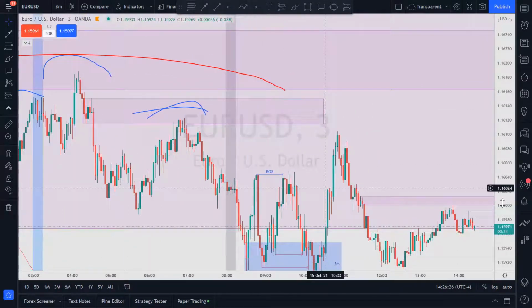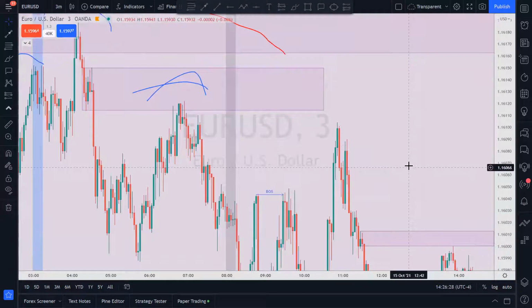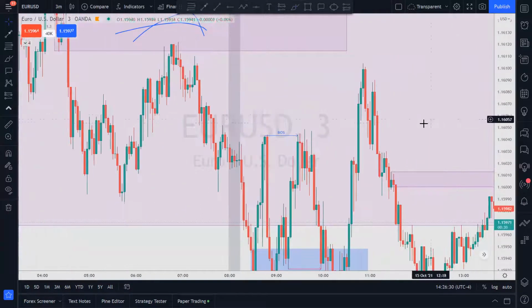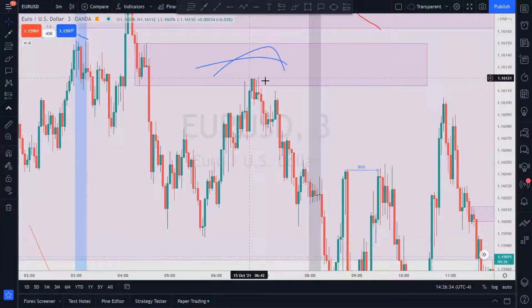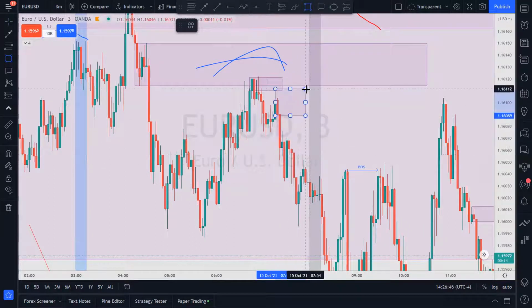Now, getting to the point. Where did I catch the bus? What was I looking at? I saw price making its way down, honoring bearish order blocks along the way. All right, you got one here, right? You got one here. You're looking at how price is leaving those areas.